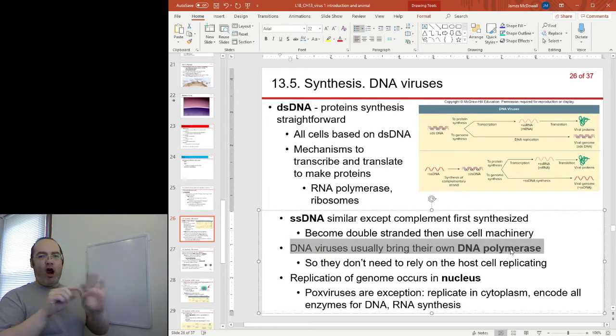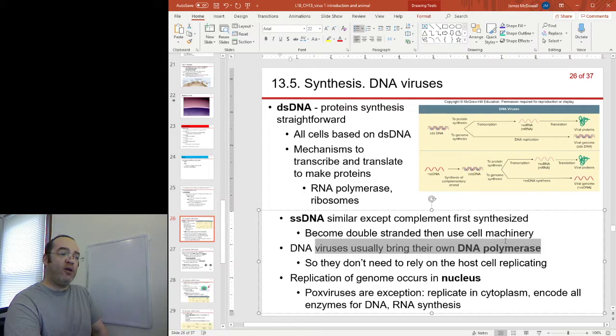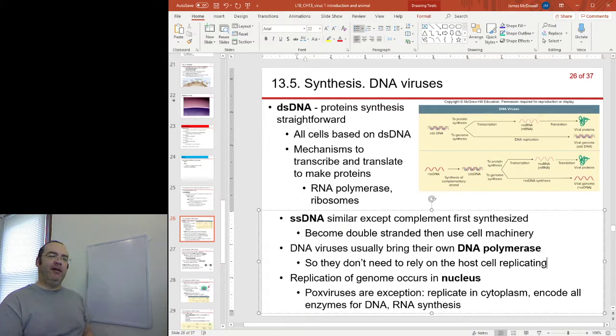A cell's RNA polymerases and ribosomes are always on. A cell is always building new proteins, but only during cell division is DNA polymerase active. So if the virus wants to make copies of its genome, it doesn't want to have to wait around for the cell. It'll just bring the molecule with it, and it will replicate its genome with its own DNA polymerase.